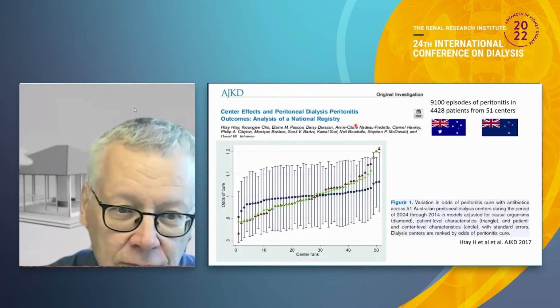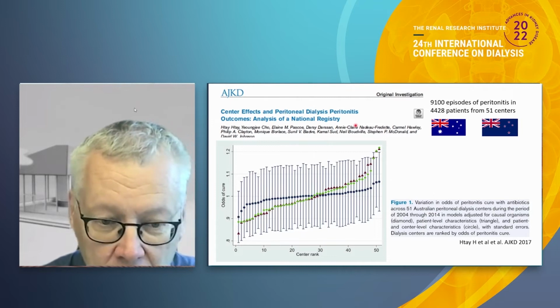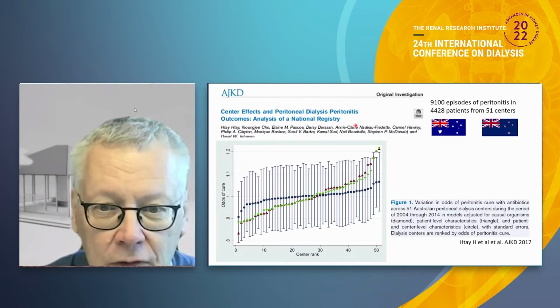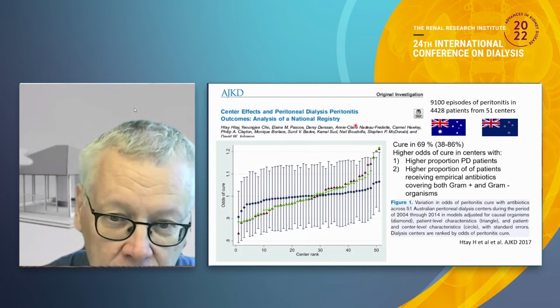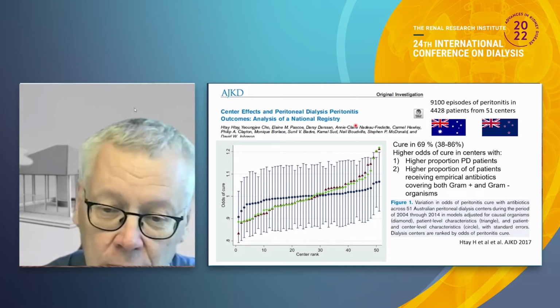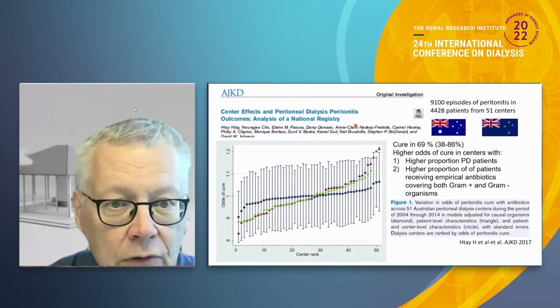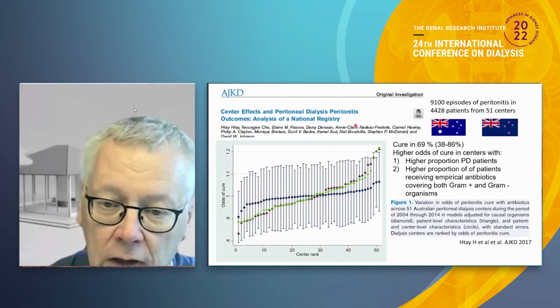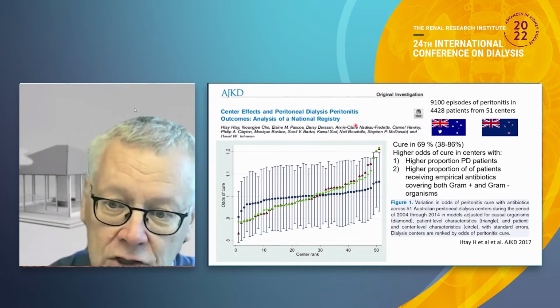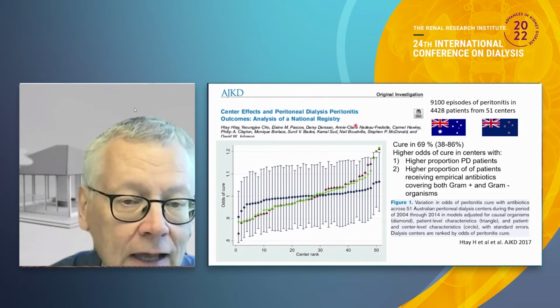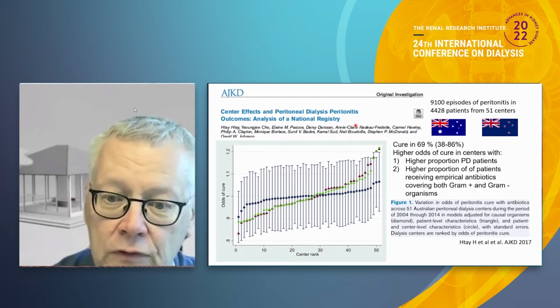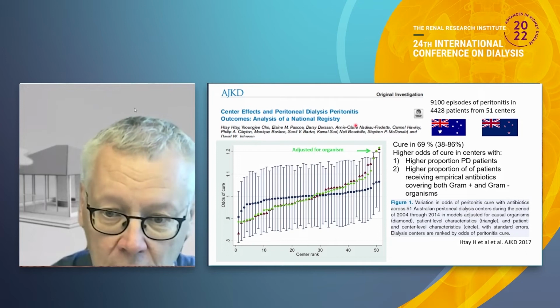This is data from the Australian registry, based on the results of treatment in different centers. You can see that cure was found in 69% of the episodes. The chance of cure was higher in larger centers with more PD patients, and if patients were receiving empirical antibiotics, both for gram-positive and gram-negative organisms.